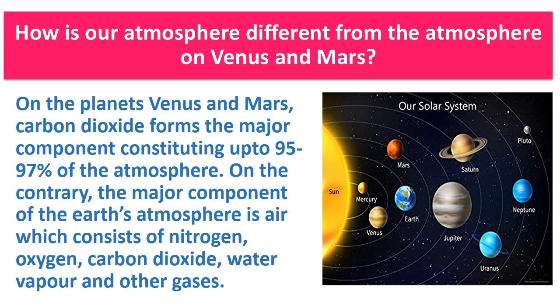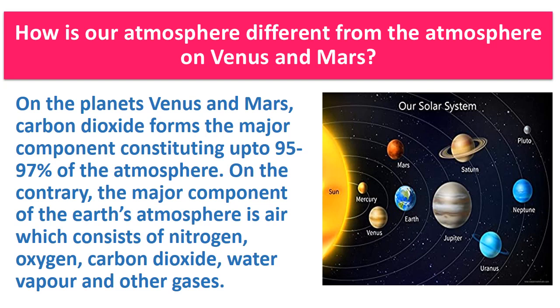This was about Venus and Mars. What about Earth? On the contrary, the major component of the Earth's atmosphere is air, which consists of nitrogen, oxygen, carbon dioxide, water vapor and other gases.